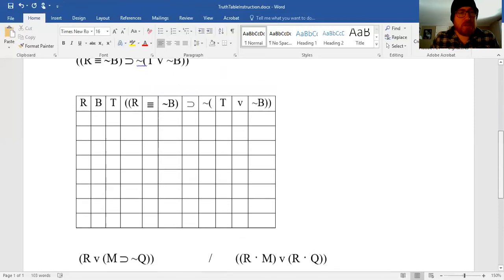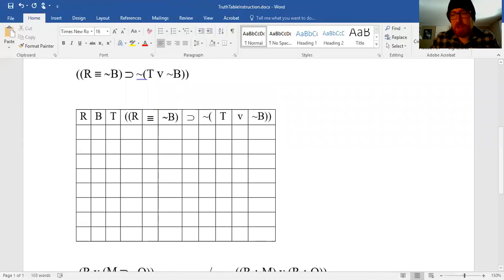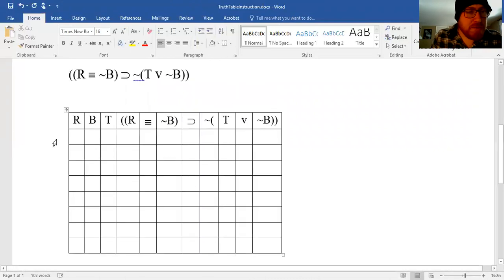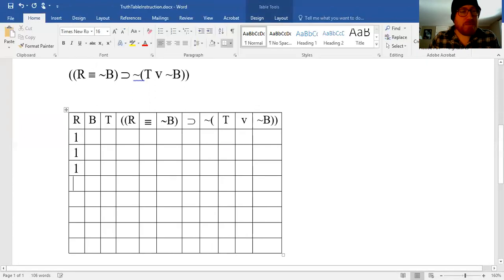Okay, so to determine the number of consecutive ones and zeros, we're not using T's and F's, ones and zeros. The number of consecutive ones and zeros under R: take the number of lines in the table, which is 8, divide that by 2, and we get 4. So under R, I'm going to do 4 ones and 4 zeros.